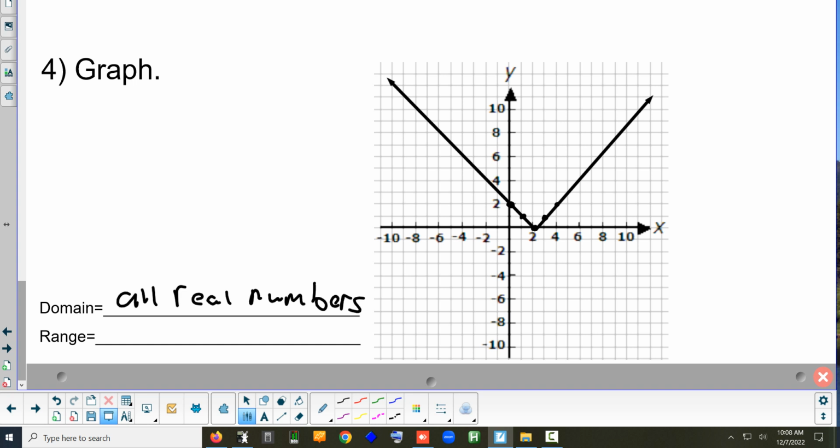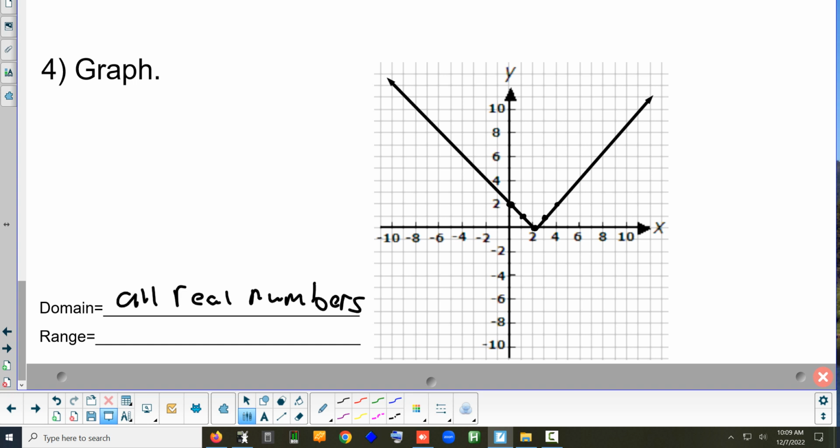So domain, we're looking how far left and right it goes. What about the range? Think of what letter did I say is connected with range? Yeah? Y. And which way does the y-axis go? Yeah? Up and down. So we're looking for up to down here.